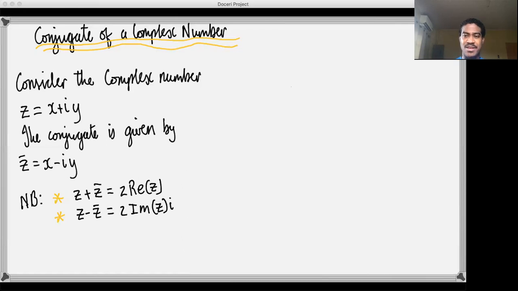And then the last result, which is to me the most important result about the complex number and its conjugate, because we're going to use this result in the division of complex numbers, is that if we take the complex number z is equal to x plus iy, and multiply it by its conjugate, z bar is equal to x minus iy, we will get the real part squared, which is x squared, plus the imaginary part squared, which is y squared.